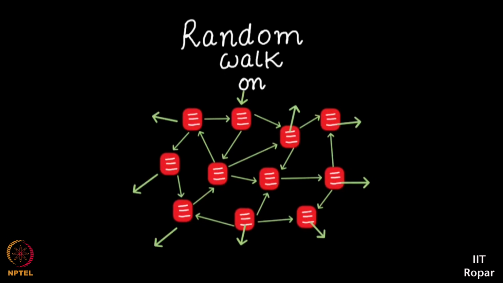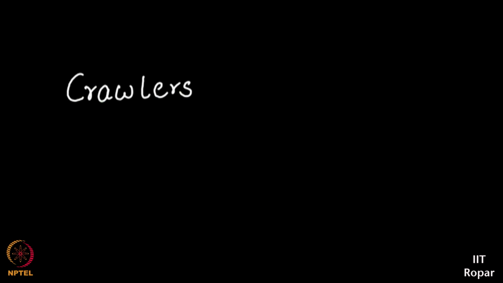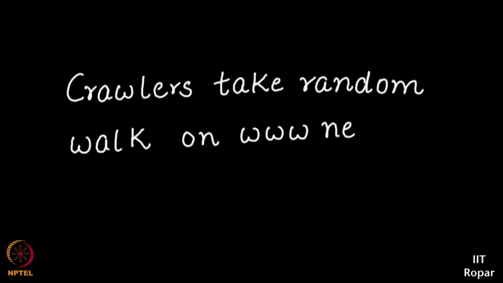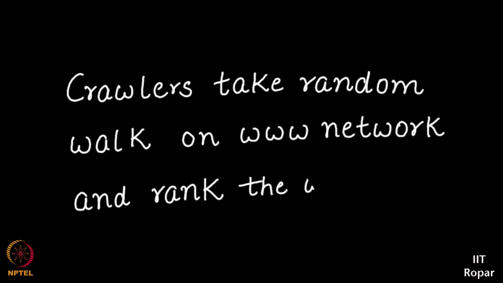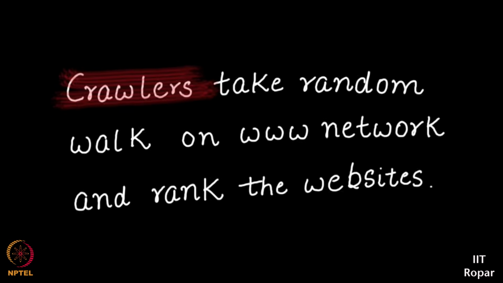As we are talking now, as you are listening to this video, Google actually is doing this. It is taking all the websites of the world and then taking random walks on it. Okay, you would have heard of crawlers. This is precisely what we mean by crawlers. There is a program which crawls through the web like this and makes note of how many times I visited what node and ranks all the nodes based on the visits to the node.